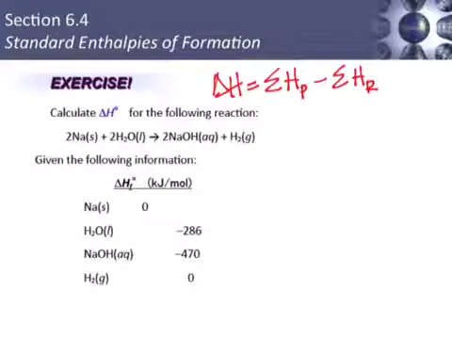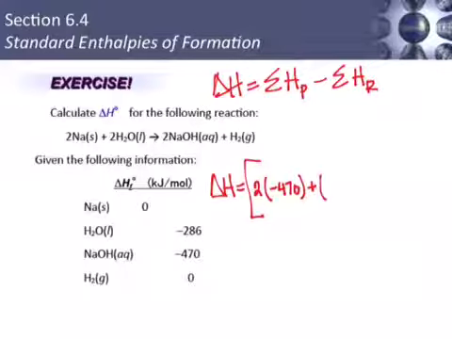So delta H is equal to my products. I have NaOH as a product, but how many products do I have? 2. So 2 times the formation of NaOH, which is negative 470. And then I'm going to add to that 1 H2.